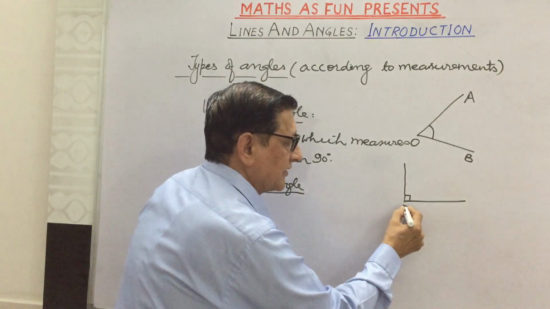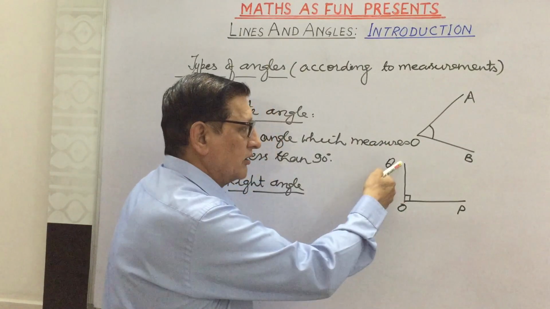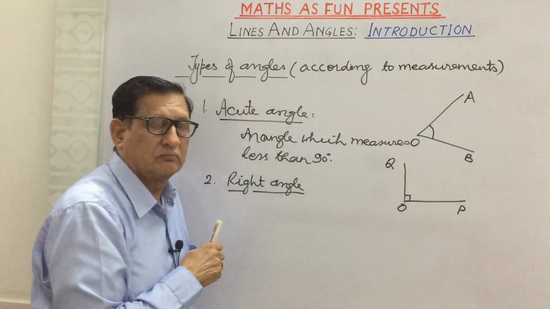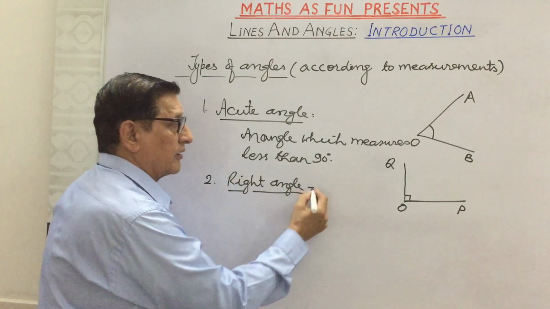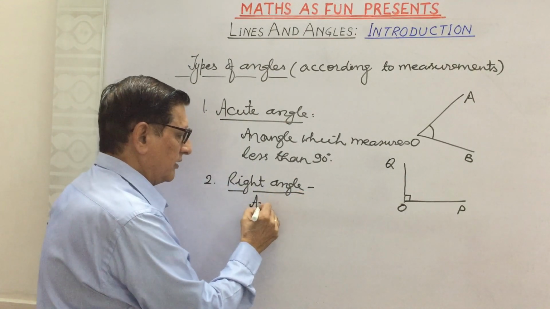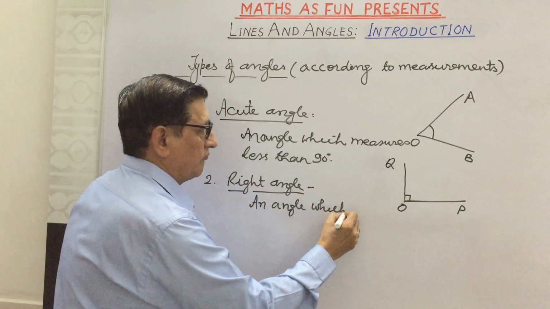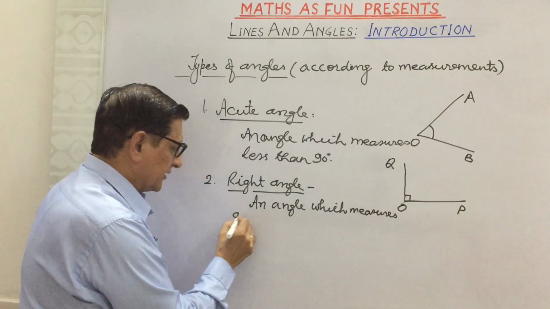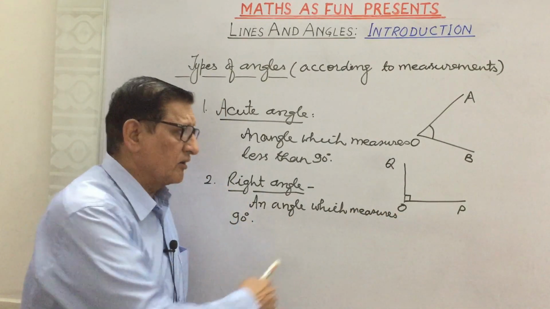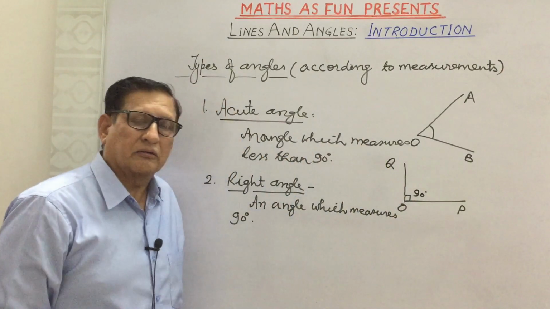So suppose it is OP and this is Q, then angle POQ is a right angle. So we say a right angle is an angle which measures 90 degrees. So an angle of 90 degrees is known as a right angle.